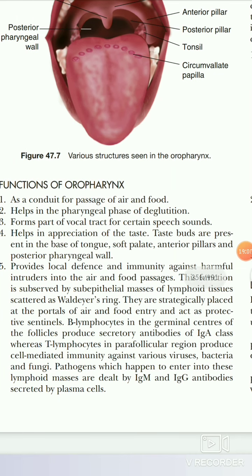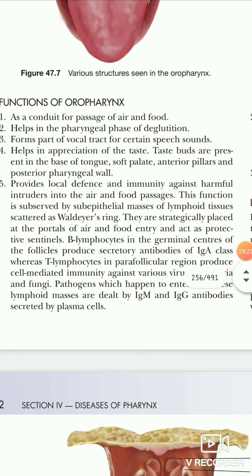B lymphocytes in the germinal centers of the follicles produce secretory antibodies of the IgA class, whereas T lymphocytes in the parafollicular region produce cell-mediated immunity against various viruses, bacteria and fungi. Pathogens which happen to enter these lymphoid masses are dealt with by IgM and IgG antibodies that are secreted by the plasma cells.